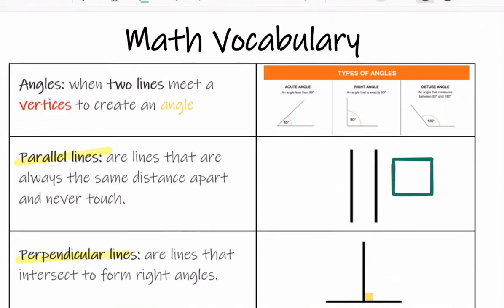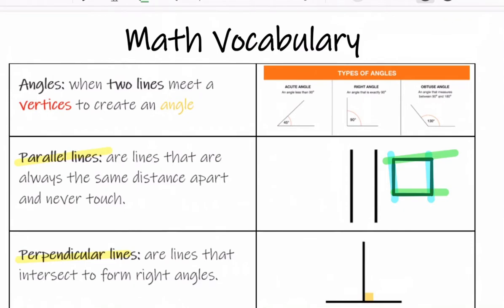And that's going to be really important in this lesson. So these are parallel. They're never going to touch, okay? And then these are parallel, okay? They're never going to touch. And so anytime we're talking about parallel lines, we're talking about the opposite, like across from each other.